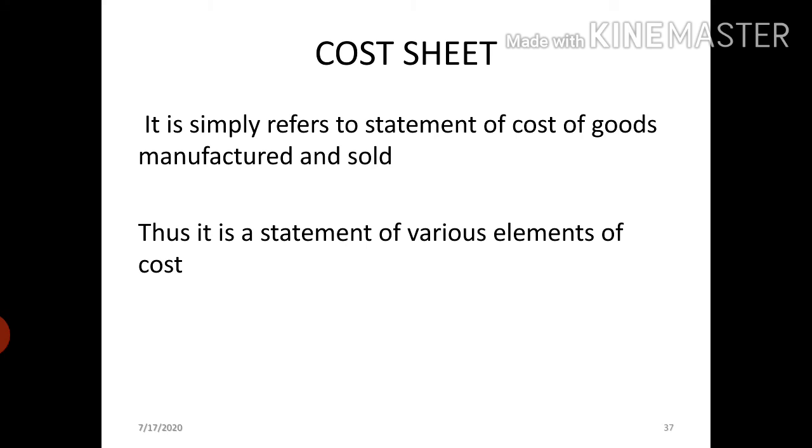First we can calculate the cost of production, then we can reach the profit also. We can show all costs involved for the production and sales also, then we can reach the profit or loss of the operations.